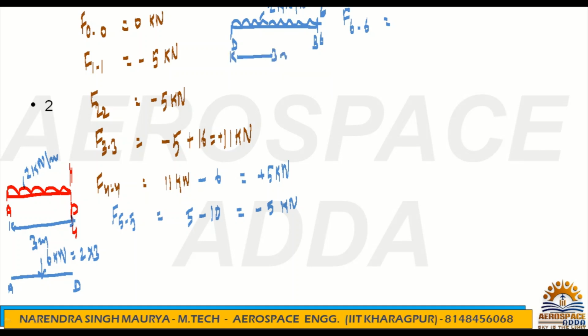Total distance 3 meters. Now if you convert to point load between D to B, the point load will be 2 kilonewton per meter into 3 meter, which becomes 6 kilonewton, and it is also acting downward. So what you got: minus 5 kilonewton here, then again 6 kilonewton downside, minus 11 kilonewton. This is F66.